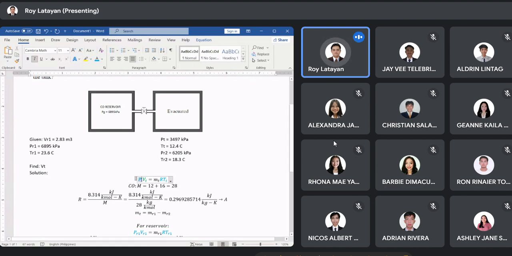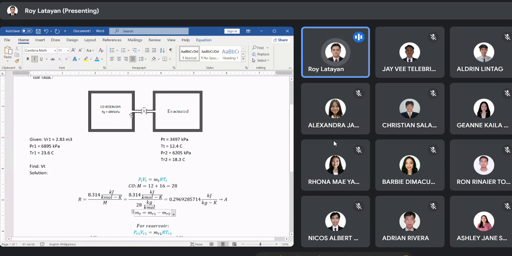We identified meron tayong PT, meron tayong temperature ng tank. Then, yung R, we can simply solve it using 8.314 divided by M. Ang kulang na lang is yung mass ng tank, which we can obtain doon naman sa reservoir. Since binuksan to, sinaraduhan siya, yung ibang mass dito is na-transfer doon sa kabila.